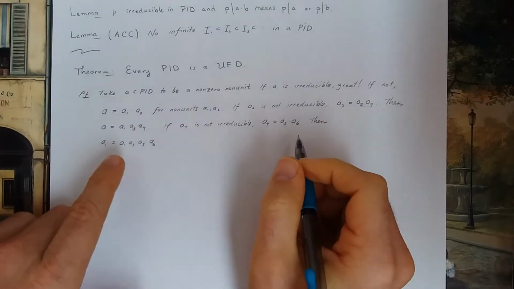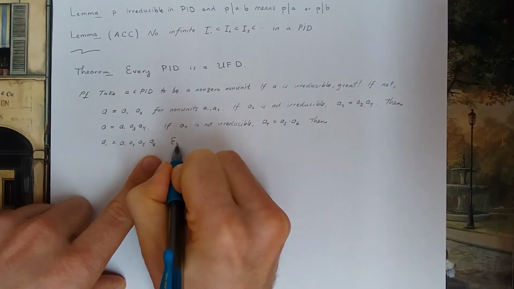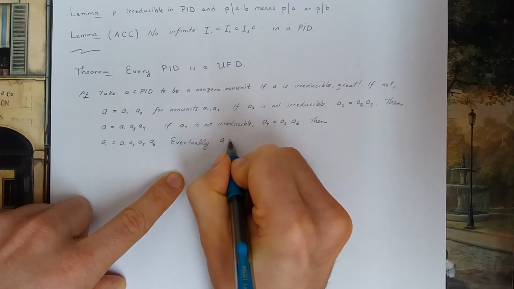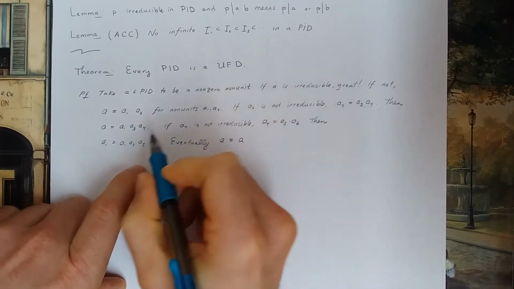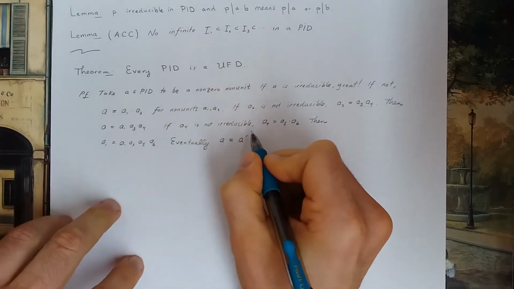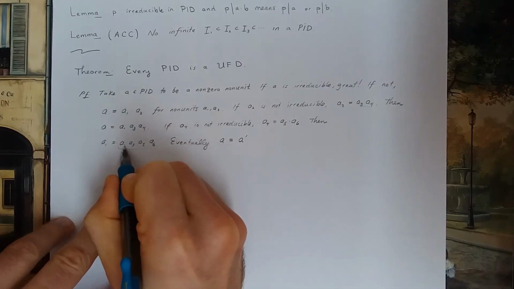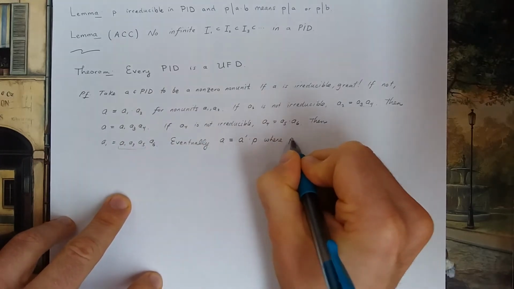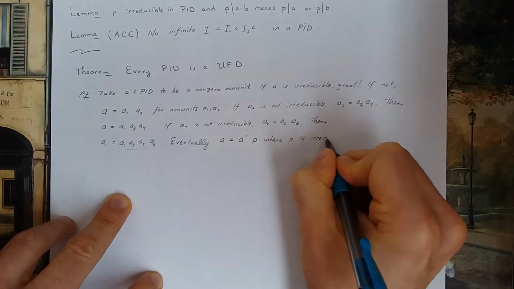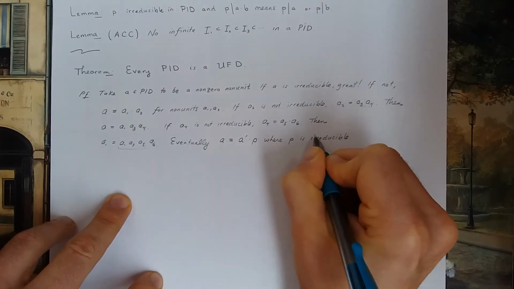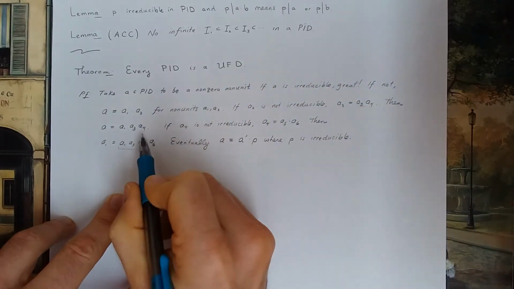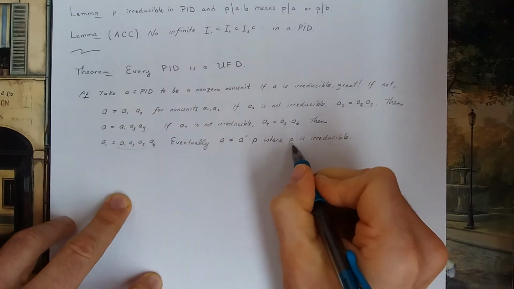I want to repeat this process until eventually I'm going to get A as some A prime, where A prime will be the odd subscripted terms that I'm writing down here, times P, where P is irreducible. So I'm saying you keep breaking up this last term until you find an irreducible.